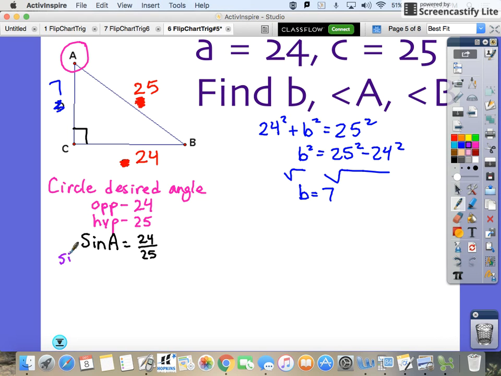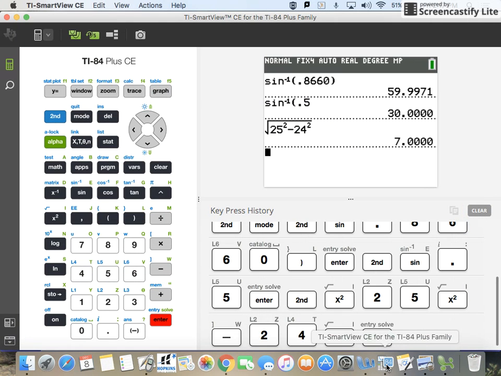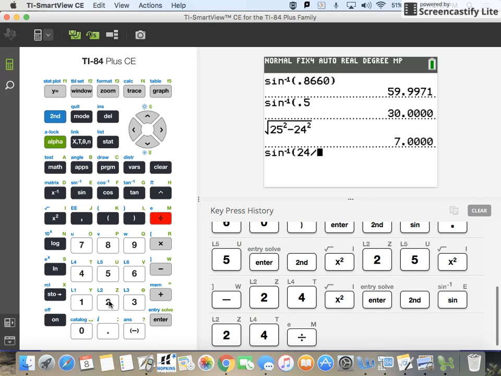But now we need to take inverse sine of both sides. So angle A equals the inverse sine of 24 over 25. In our calculator, we're going to go second, inverse sine of 24 divided by 25. Hit enter.